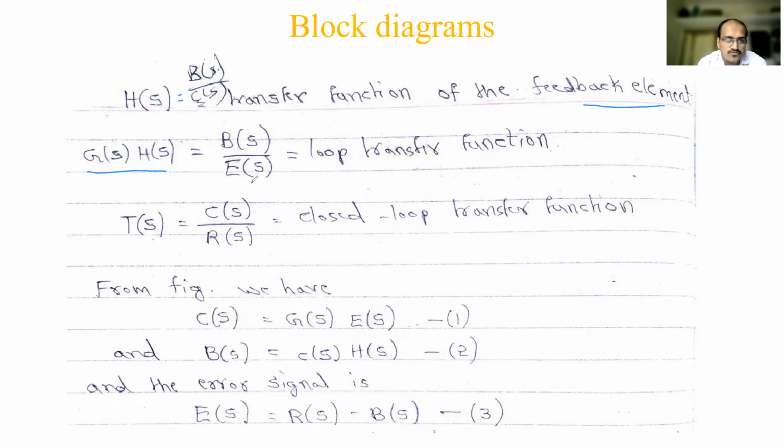E of S was the input and B of S was the output. That is simply called the loop transfer function. There is no feedback or forward path; we just call it the loop transfer function when we have the multiplication of G and H.